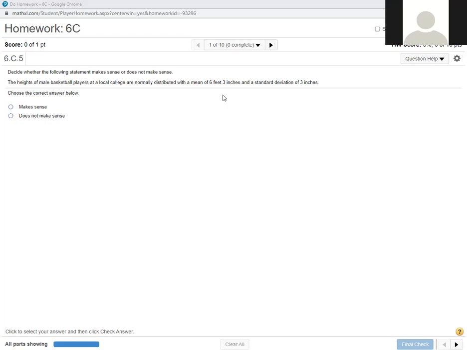But those seem like good basketball heights, right? I can see where the average height would be 6.3, and the 3 inches would be the standard deviation, right? You're not getting no crazy values on that. You're not getting no people that are 8 or 9, 10 feet tall, right? Okay. So that would be possible.